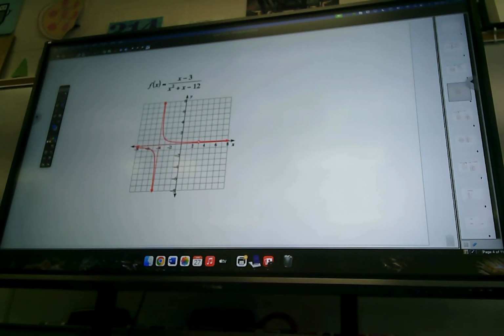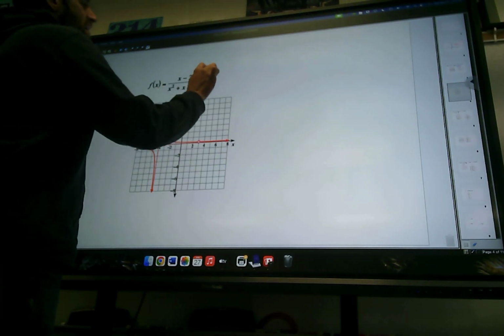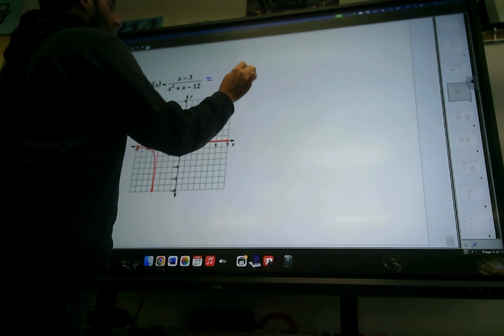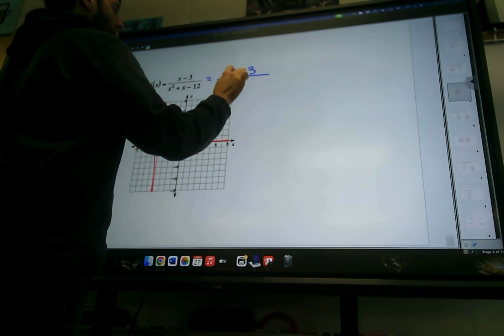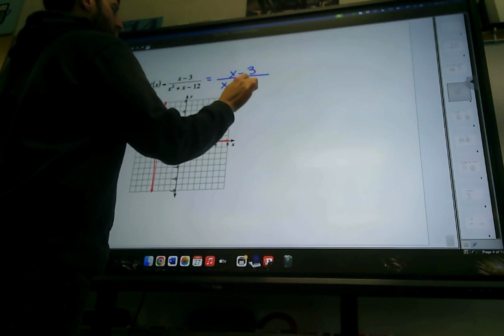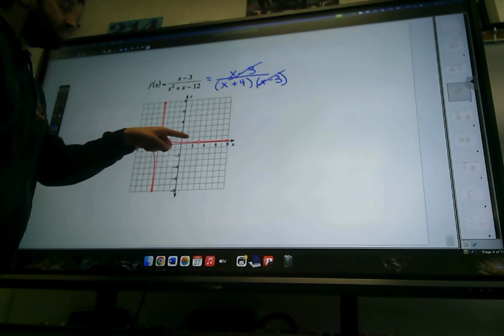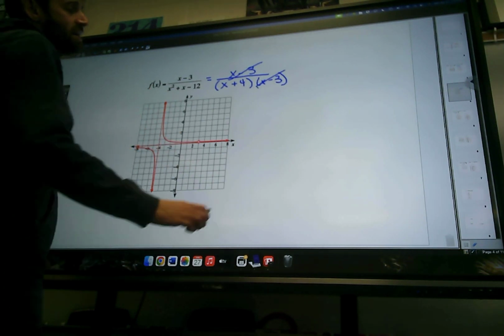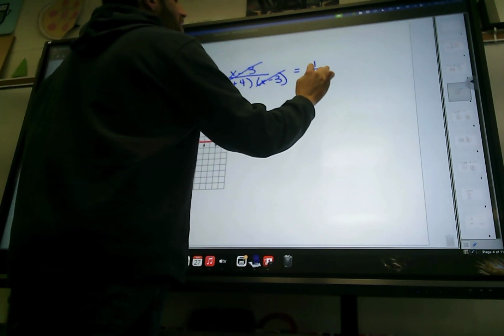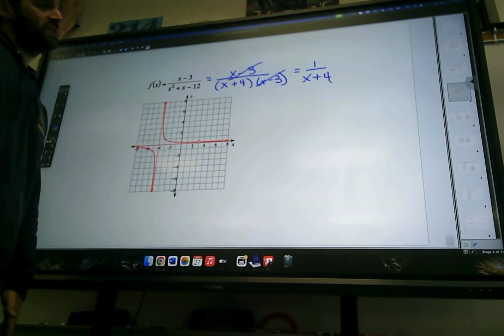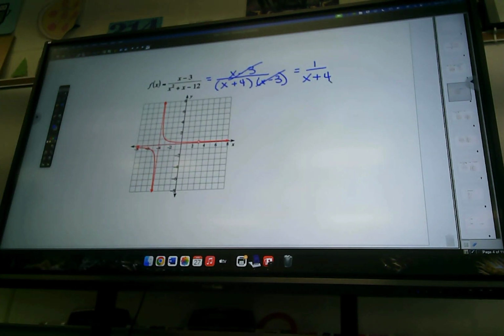And it doesn't matter if there's a hole. So in this case, there is a hole at x equals 3, a vertical asymptote at x equals negative 4, but again, that is not going to change where the vertical asymptote is.